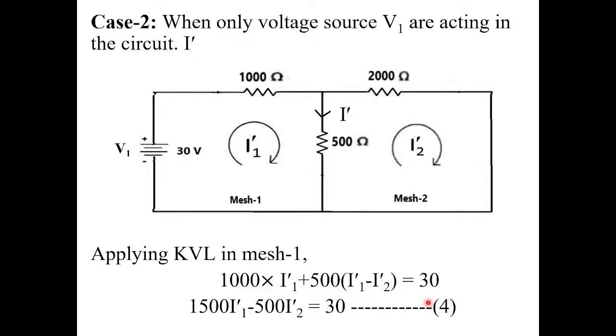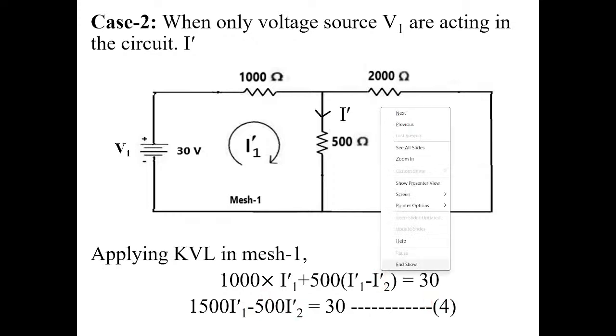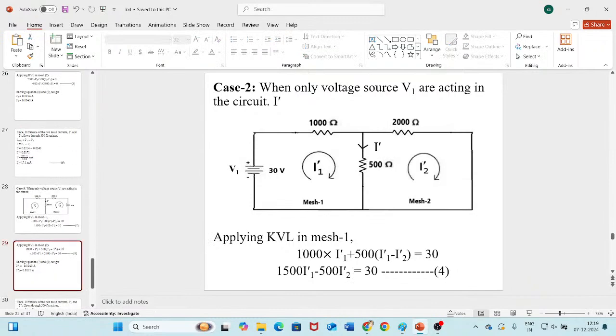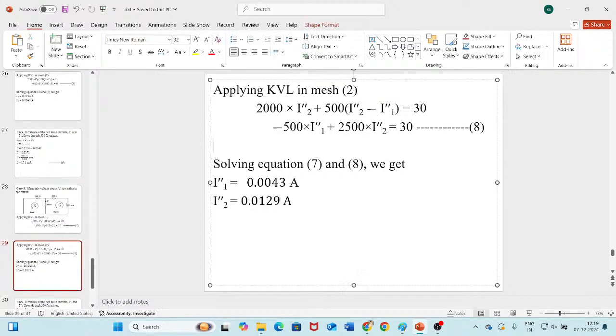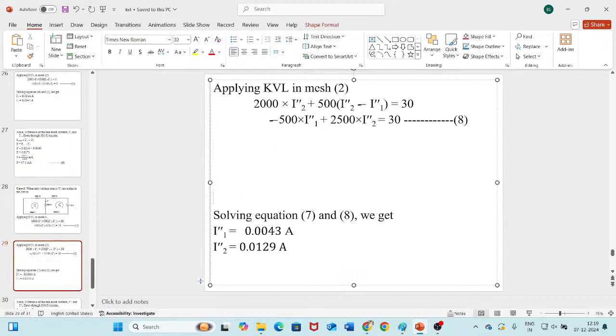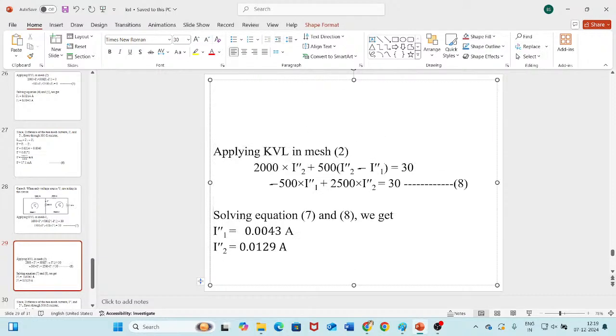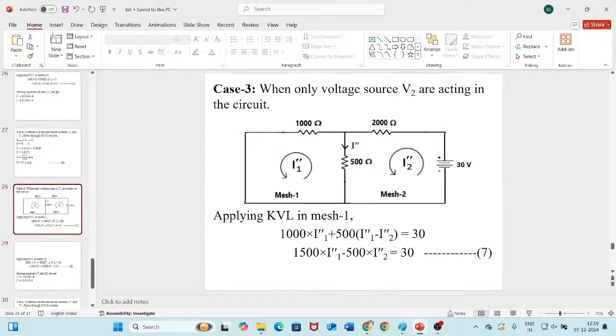Just simplify it. Did I write anything in the next slide? There is enough space in the next slide. So here I can expand this equation. Sorry, this is case 3.